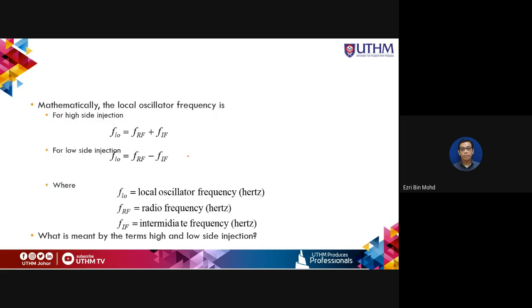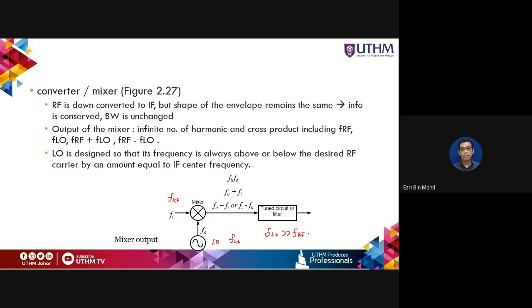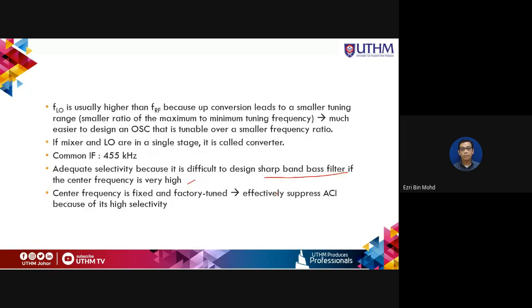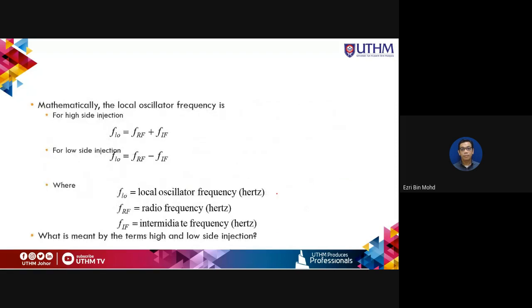Okay, here FLO tadi, for high side injection, FLO local oscillator kat sini kan, FRF ni IF lah, intermediate frequency. So FLO for high side injection: FLO equal to FRF plus FIF.